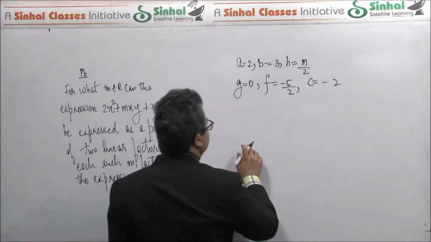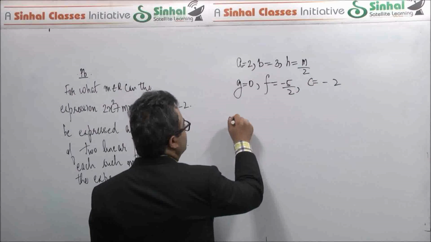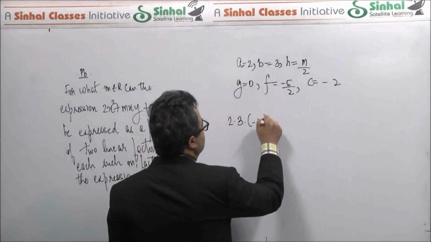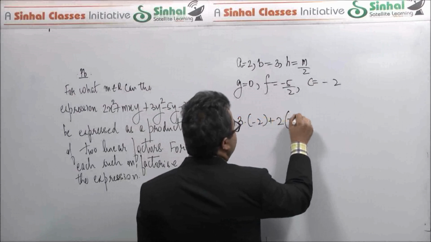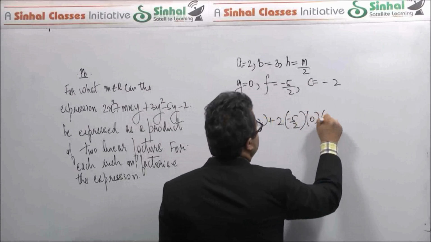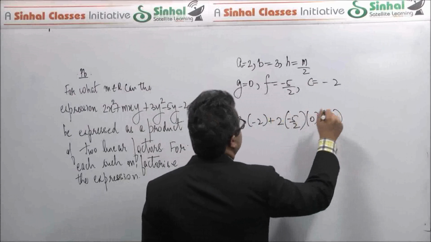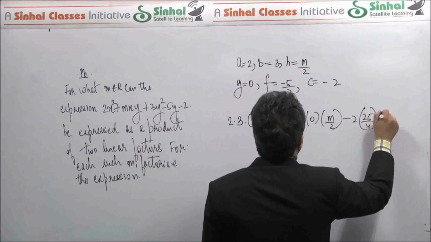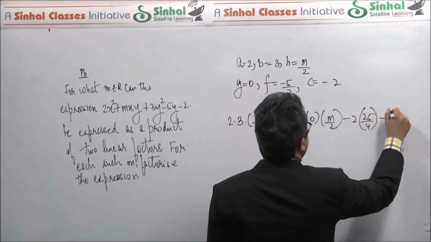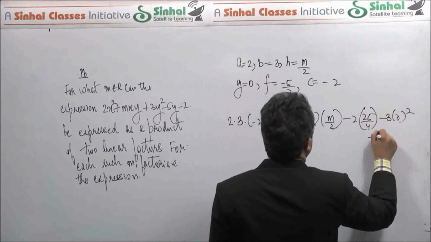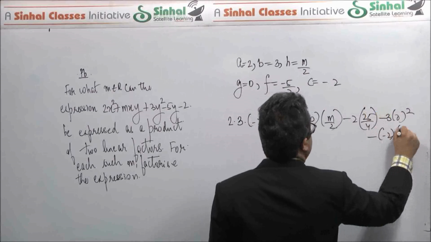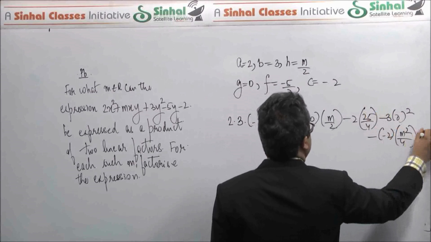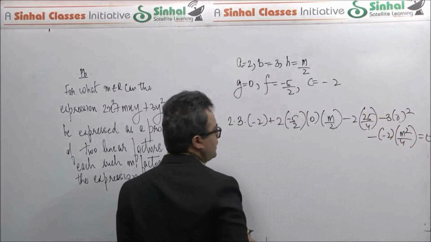So the first term was a into b into c, so that's 2 into 3 into minus 2, plus 2 times f into g into h, minus a f square, minus b g square, minus c h square should be 0, right?